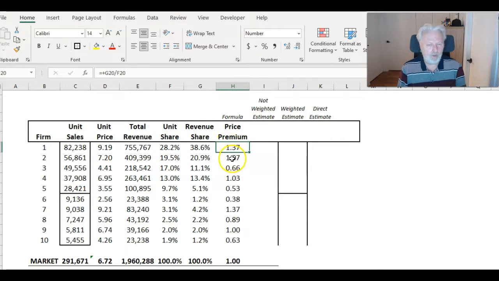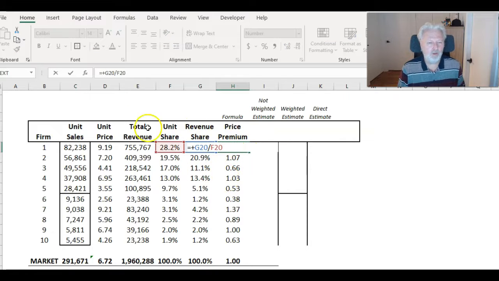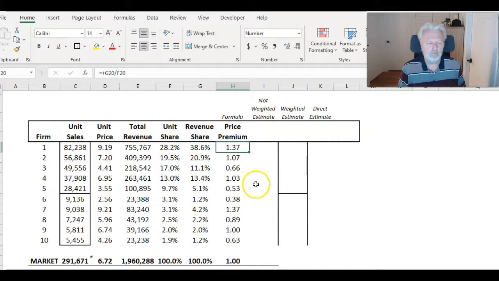Price premium is very easy to do, and I've already calculated it using the formula. As you can see, it is simply G20, which is revenue share, over F20, which is unit share. So anytime the revenue share is greater than the unit share, the price premium will be greater than 1. Anytime it is below, like this one here, where revenue share is less than unit share, our price premium will be below the 1 mark.